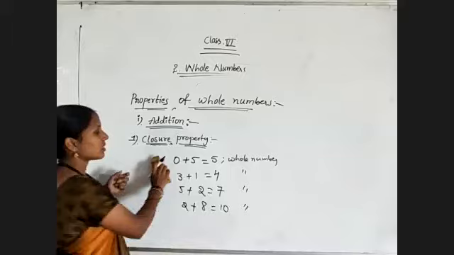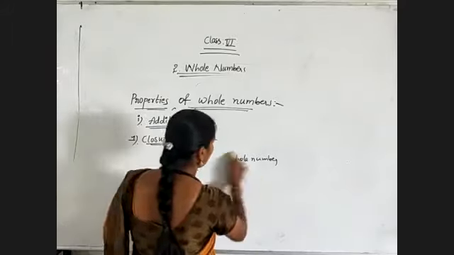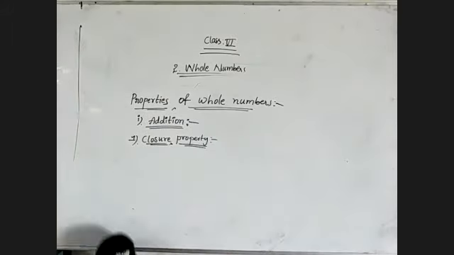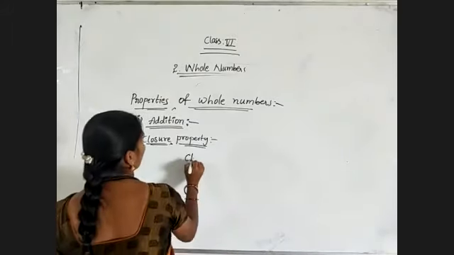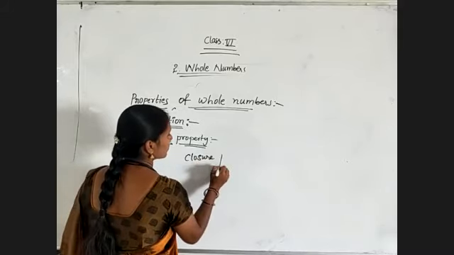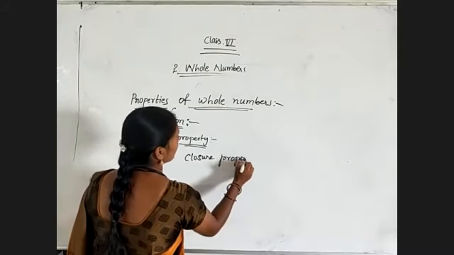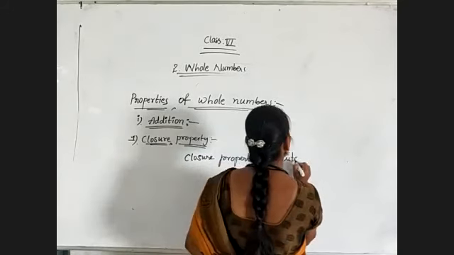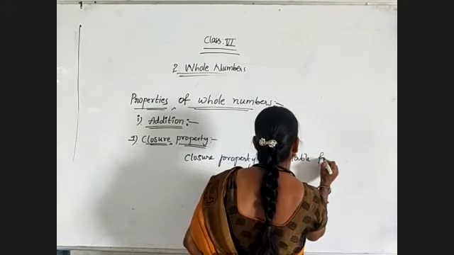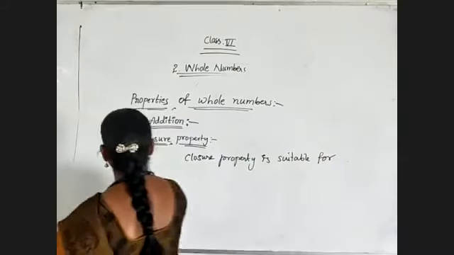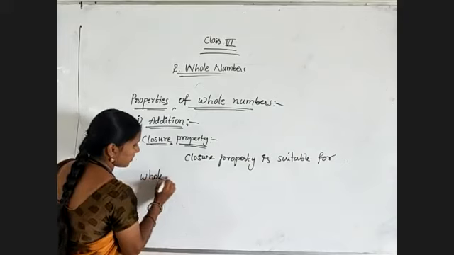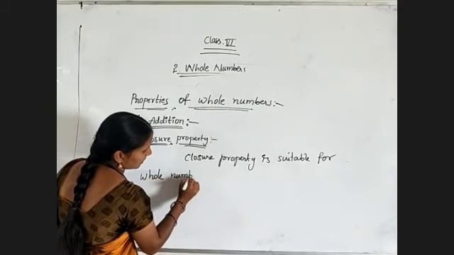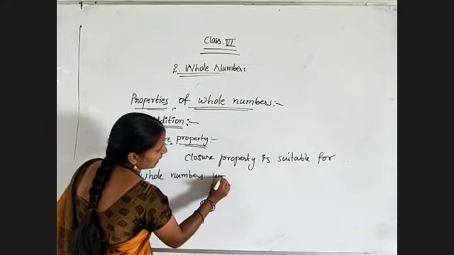So lastly, you must write: closure property is suitable for whole numbers under addition.